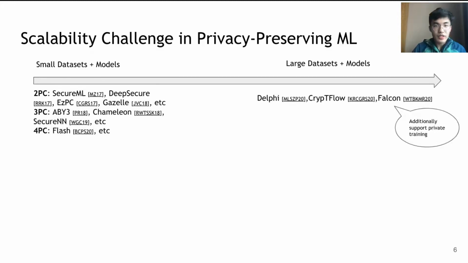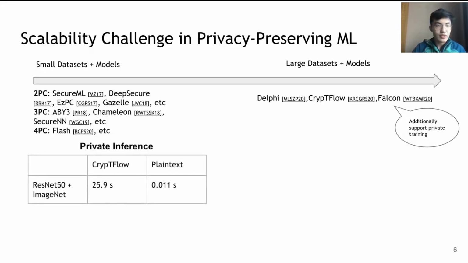However, despite the recent advance, there is still a significant performance gap between privacy-preserving machine learning and plaintext machine learning. For example, in the case of private inference, the state-of-the-art work CryptFlow has a 23,000x gap compared to plaintext inference.